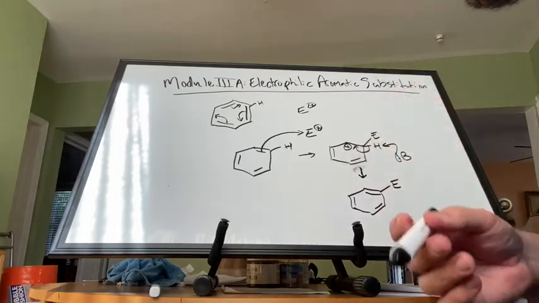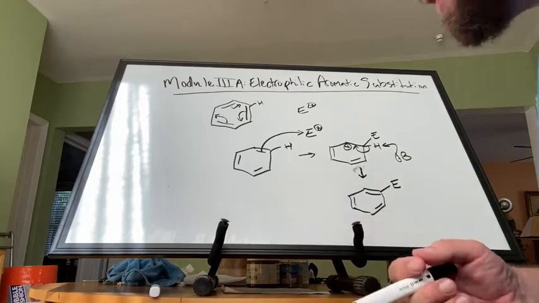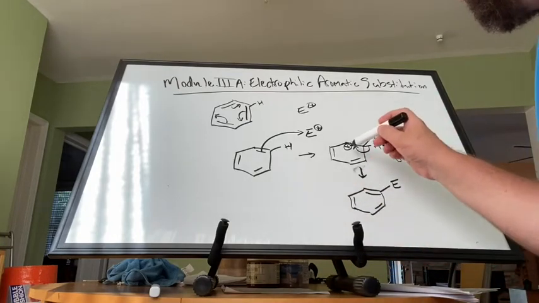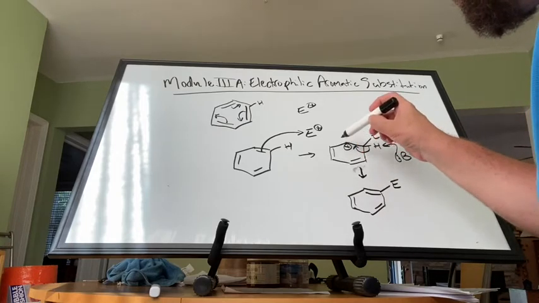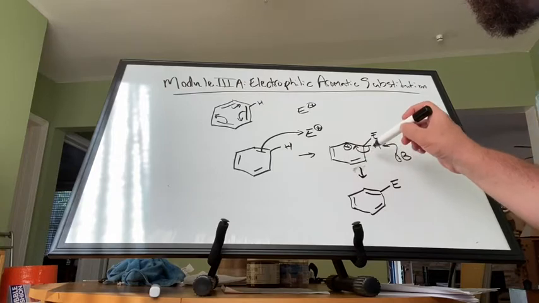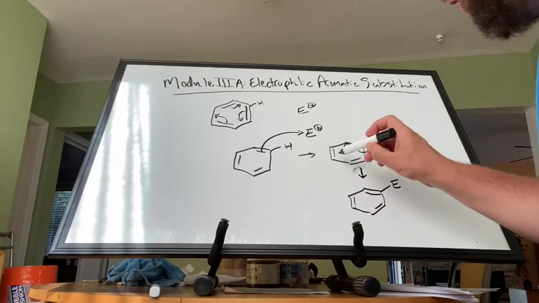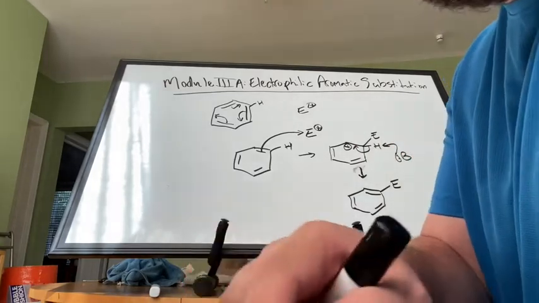So just like your resonance forms that you learned in the beginning of last semester, all of those positive charges jump to nuclei. Okay, so it'll show up here, here, and here. So it's always going to be ortho or para to where the substitution's actually taking place.